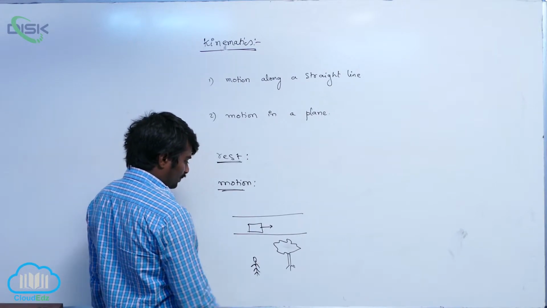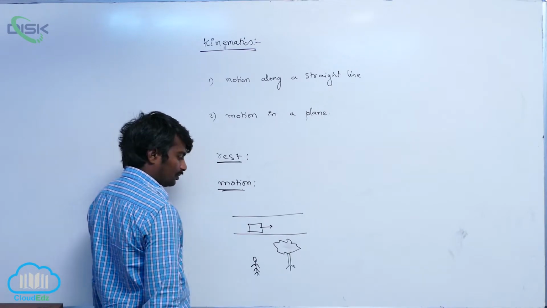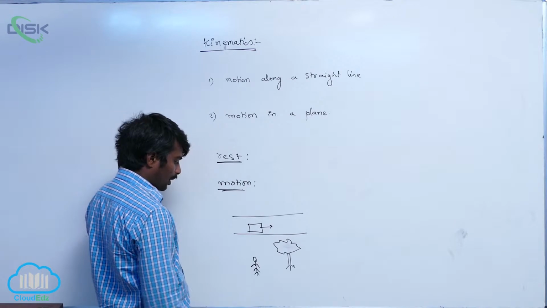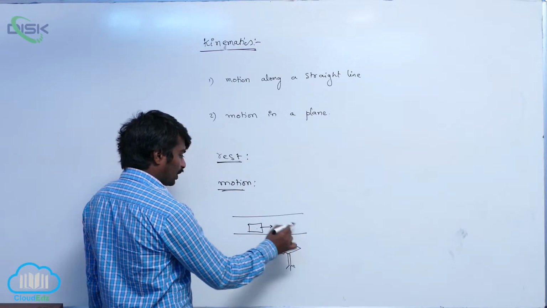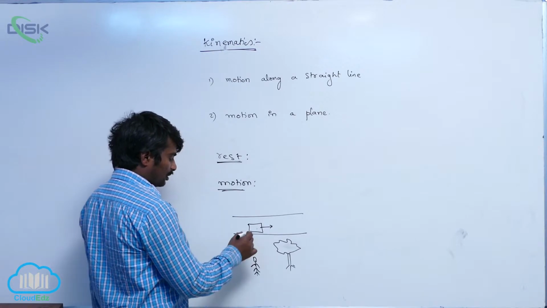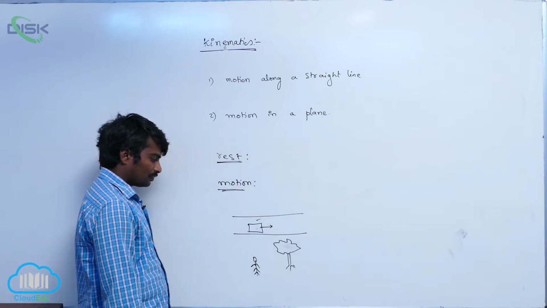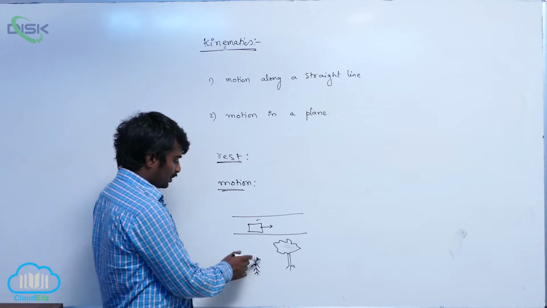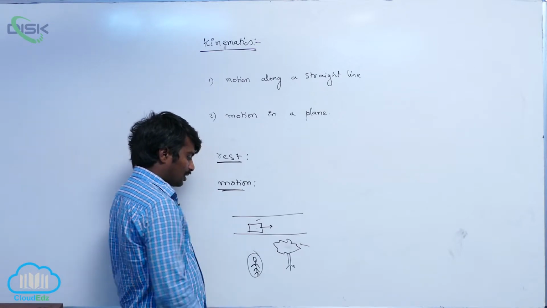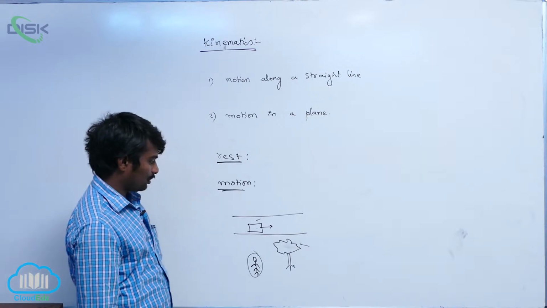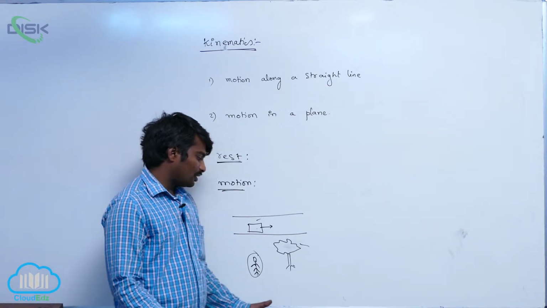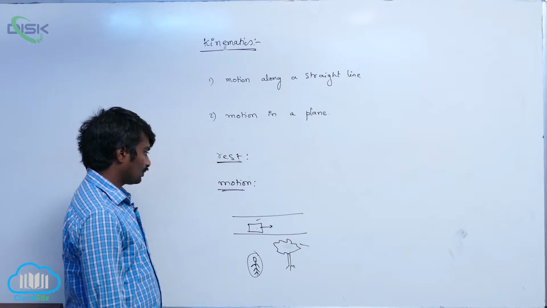Now he observes the tree and says that the tree is at rest, and he observes the car that is moving on the road and answers that the car is in motion. So according to this person, the tree is at rest. According to this person, the car is in motion. Then how are we going to answer this?